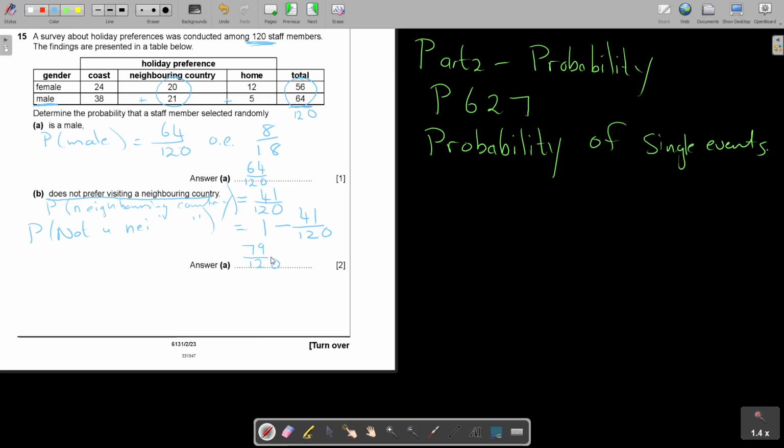So that's one way of doing it. The other way, I could have just said 120 and subtract the 41, and then I would have also gotten this 79, and then put the 79 over the 120.